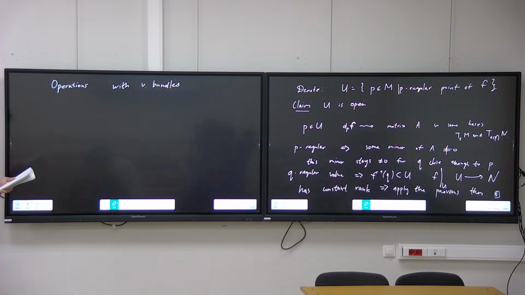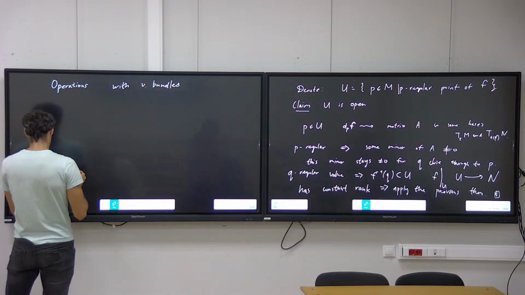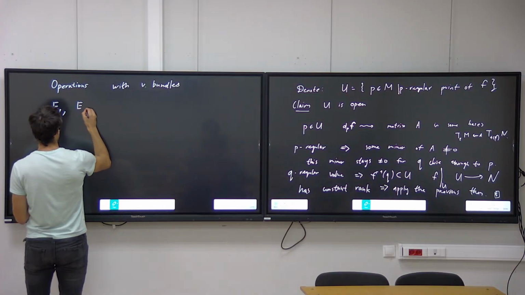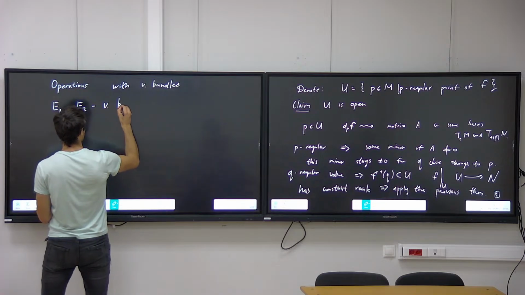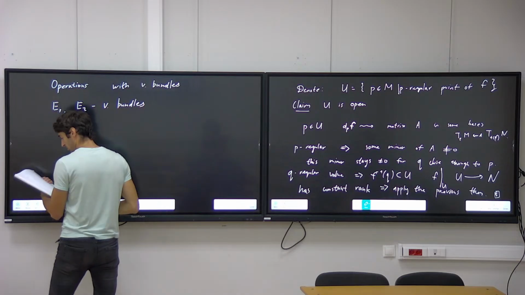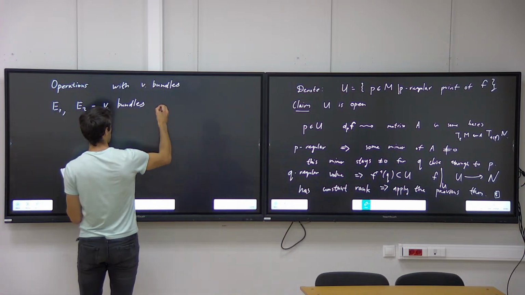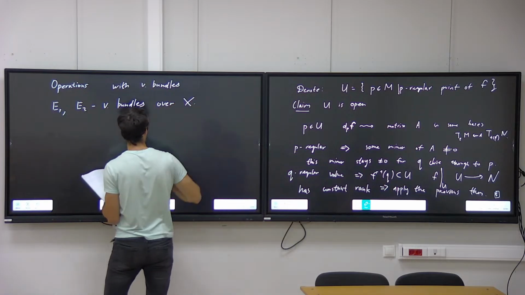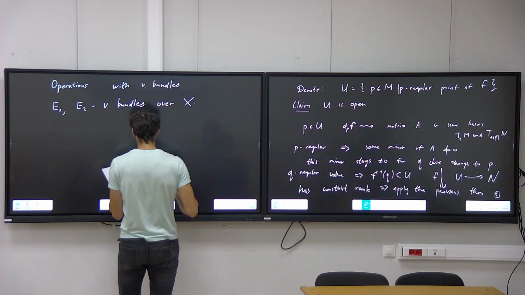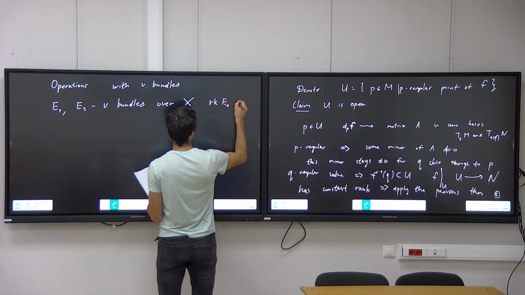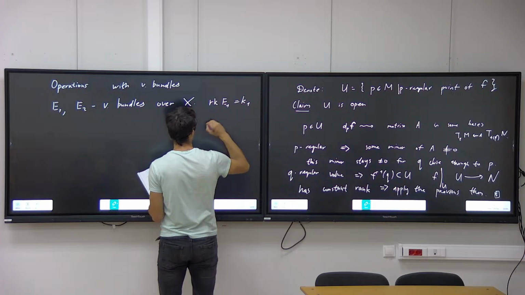But let me start from something simpler. So suppose that I have two vector bundles, E1 and E2 over X. I know the ranks: in notation, rank of E1 is k1, rank of E2 is k2.